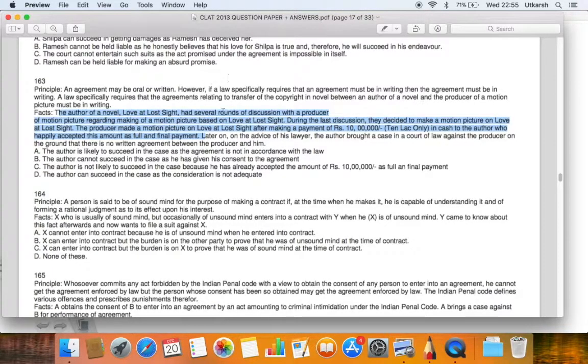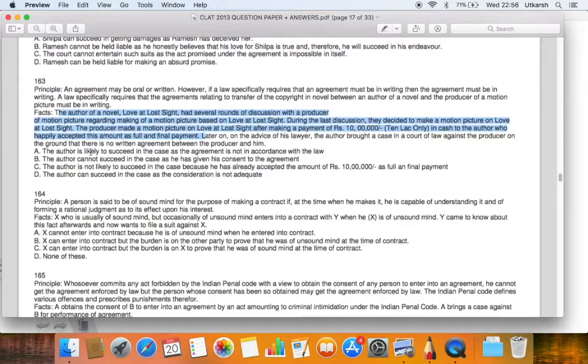Why? Because our principle only concerns itself with whether it is in writing or not. Nowhere is it mentioned that it is in writing. So after applying the test to the facts, what we get is that yes, the author can go to the court.